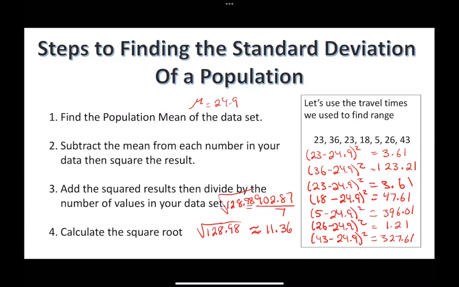That tells us how spread out our data is, because if that number is bigger, say it's 15, then you know that our data is going to be more spread out because things are on average 15 away from our mean. If that number is smaller, then most of our values are going to be crowded around the mean. So the bigger the standard deviation, the more spread out your data is.